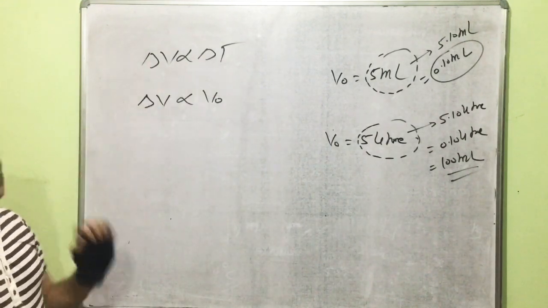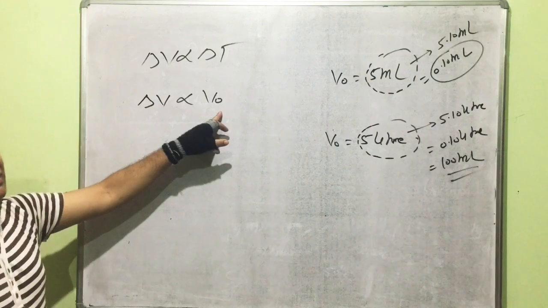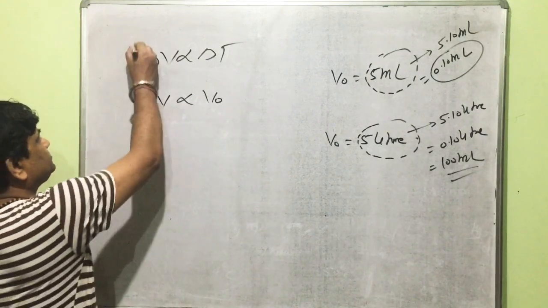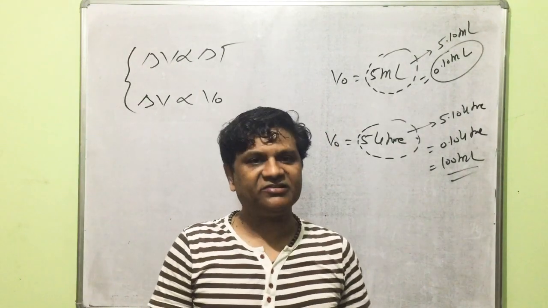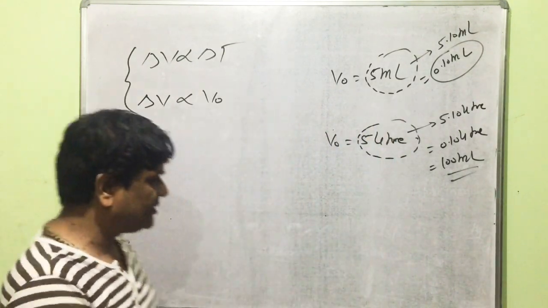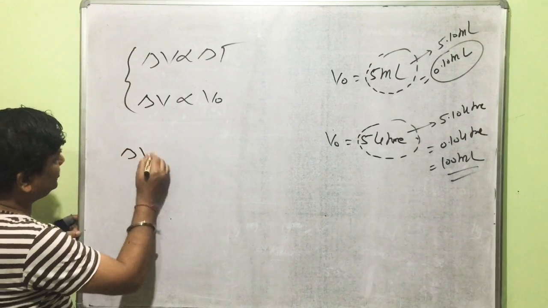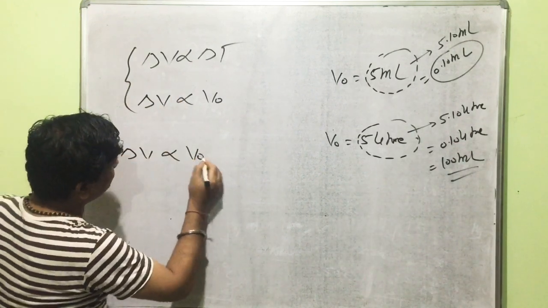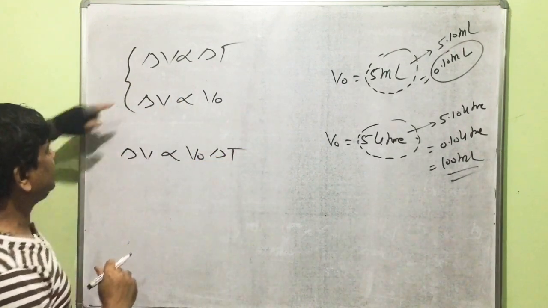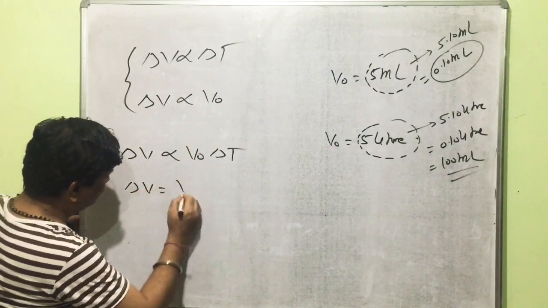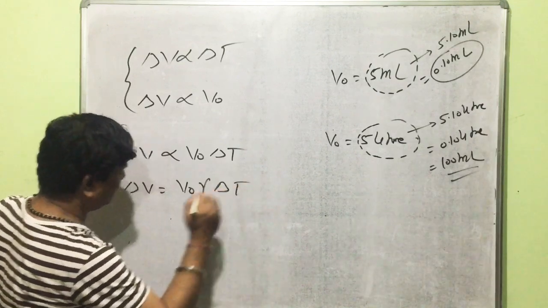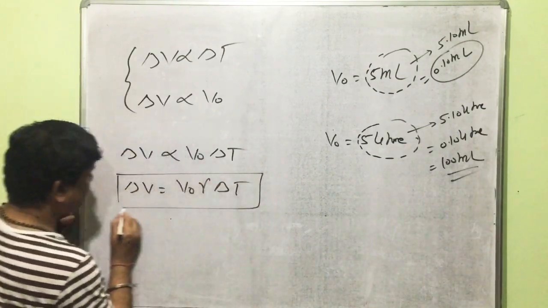Delta V is directly proportional to delta T, and delta V is directly proportional to V naught. These two relations will be helpful to develop a mathematical relation for solving the numericals. So delta V is directly proportional to V naught delta T, or delta V is equal to V naught gamma into delta T. This is the value of change in volume.